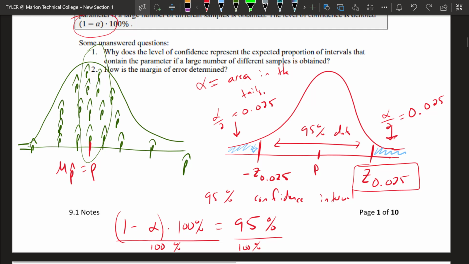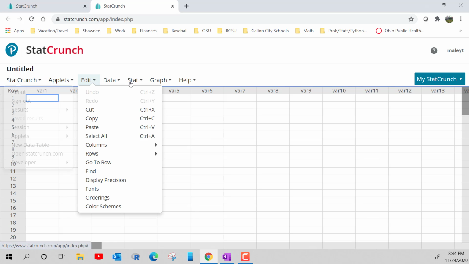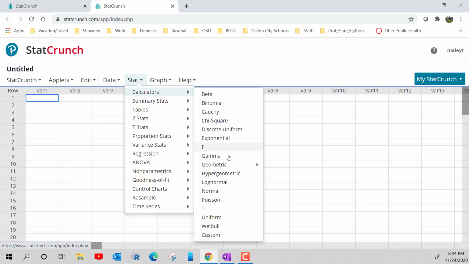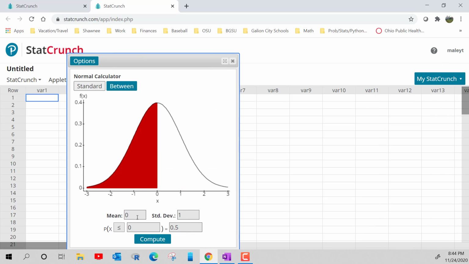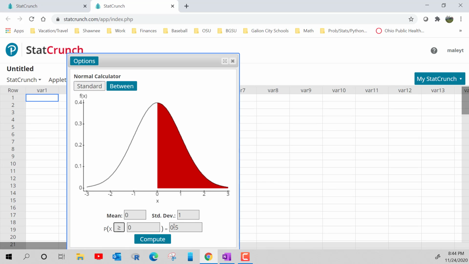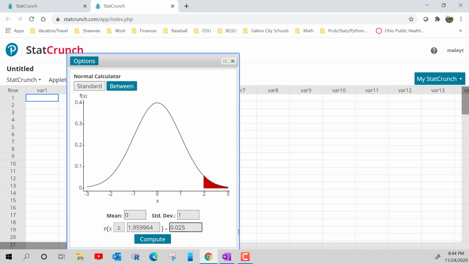So if I actually go to StatCrunch and go to stat calculator, normal distribution, I leave my mean at 0, standard deviation at 1, and then I want my area to the right of the value to be 2.5%. You can see that's where this 1.96 value comes from, calculated here.